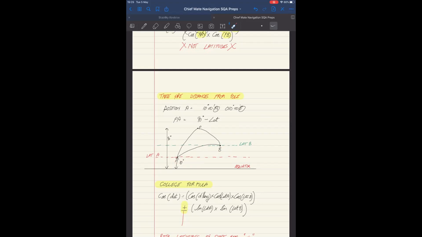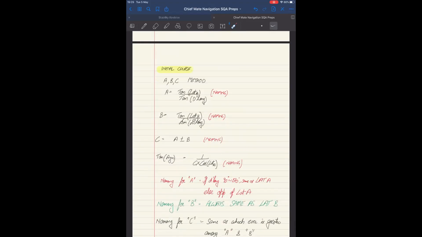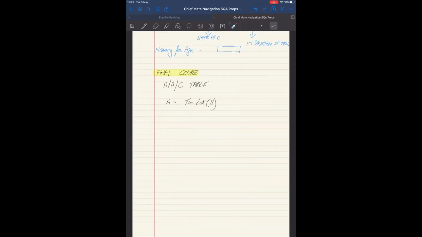We know that we are going from A to B, but in order to calculate this final course, we have to make an assumption that we are moving from B to A. So A would be tan of lat B over tan of D long. B is tan of lat A over sine of D long.